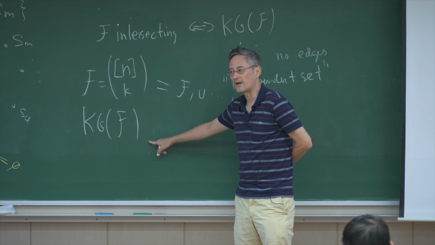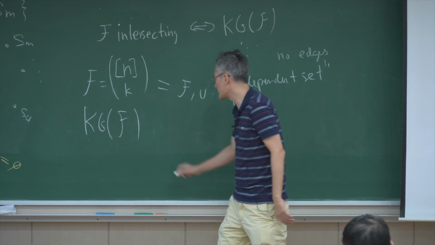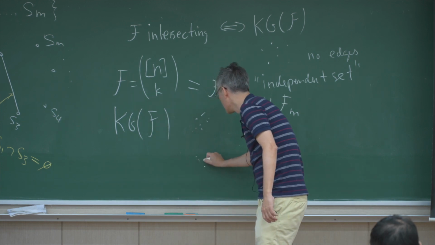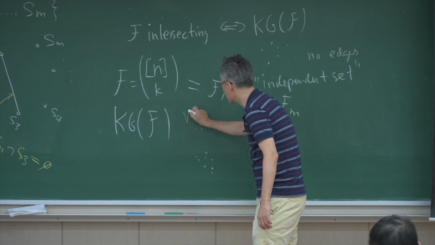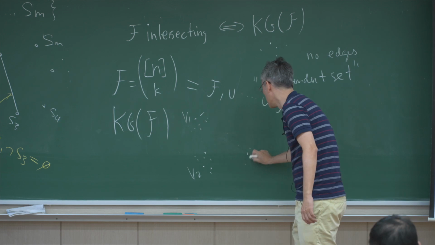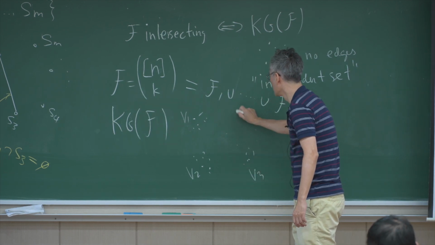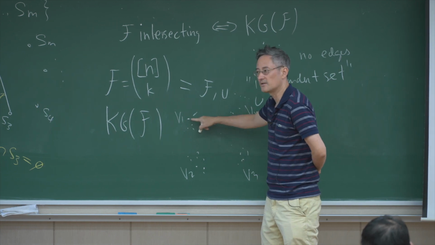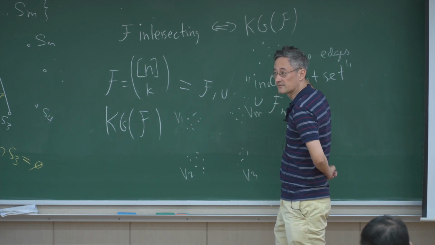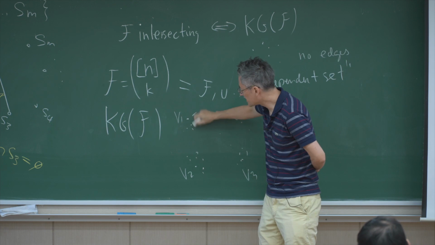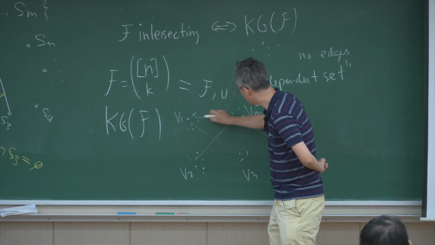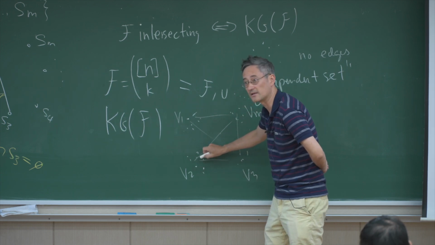What are you doing in the graph? Well, you're splitting the vertices. You're taking the vertex set. You're splitting into a set of vertices here, set of vertices here. So let's call this V1, V2, V3, up to Vm. And each of these is an independent set, right? Which means there are no edges here. Which means the edges only go from different groups, no edges inside.